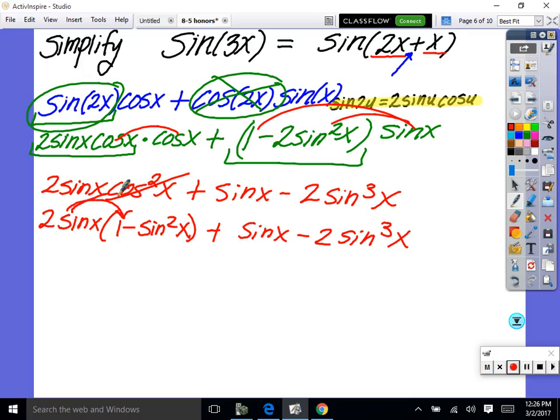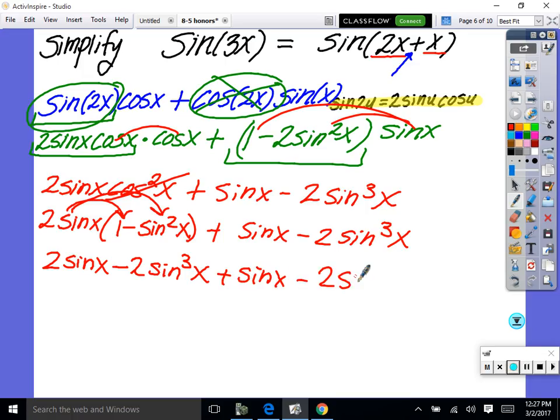So now we would distribute that through. That gives me 2 sine of x from this piece, and then minus 2 sine cubed x. And then we have plus sine of x minus 2 sine cubed x. So now we've fixed it so it's all in terms of sine. So now we can combine like terms. This one did take a lot of thought.